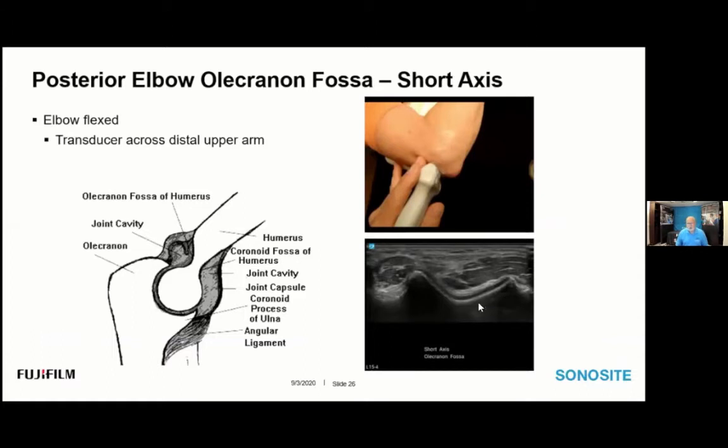We can recognize loose bodies and also guide an in-plane injection across, as we're looking with the transducer placed across the elbow, to place the needle along the articular cartilage here, where we know that if the needle tip is sitting against the articular cartilage, we're in the joint and delivering our injectate where we want it delivered.